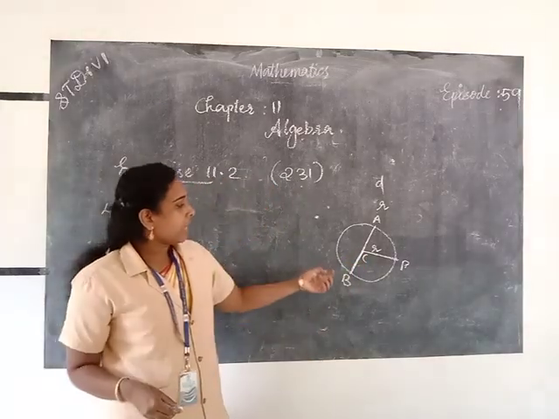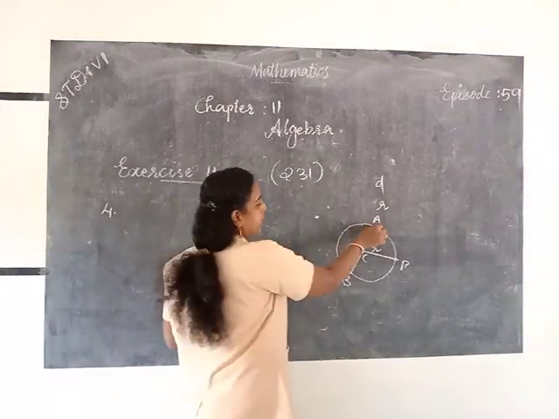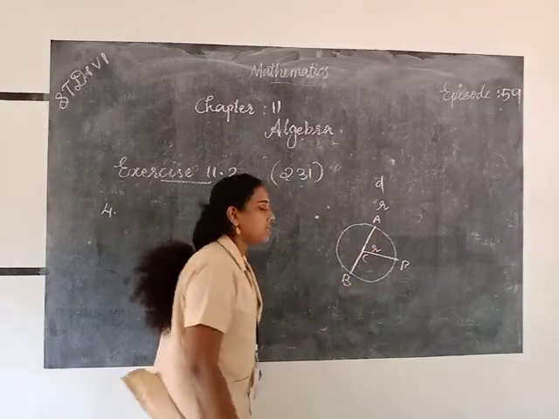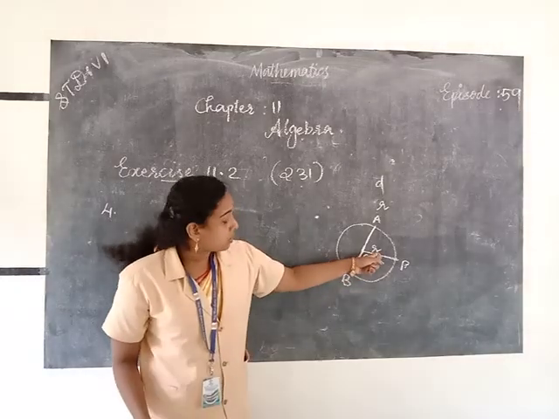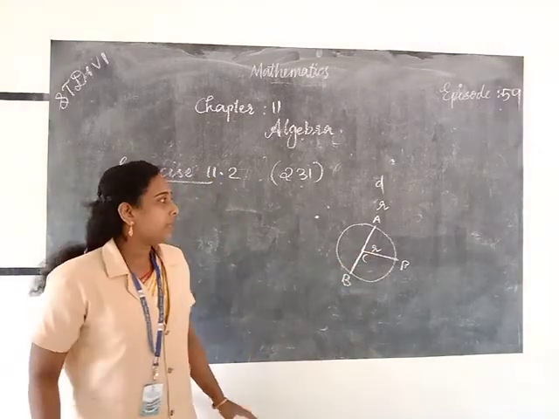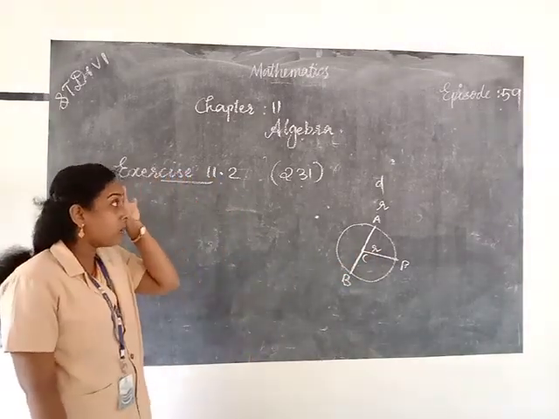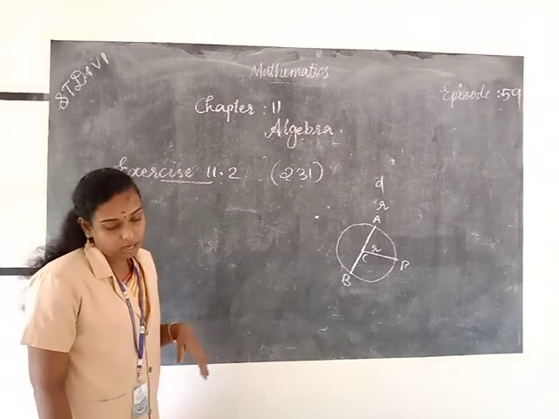AB is the diameter and AC is the radius of the circle. That is, AC is equal to R and BC is also equal to R. Here we want to write the diameter of the circle in terms of the radius.